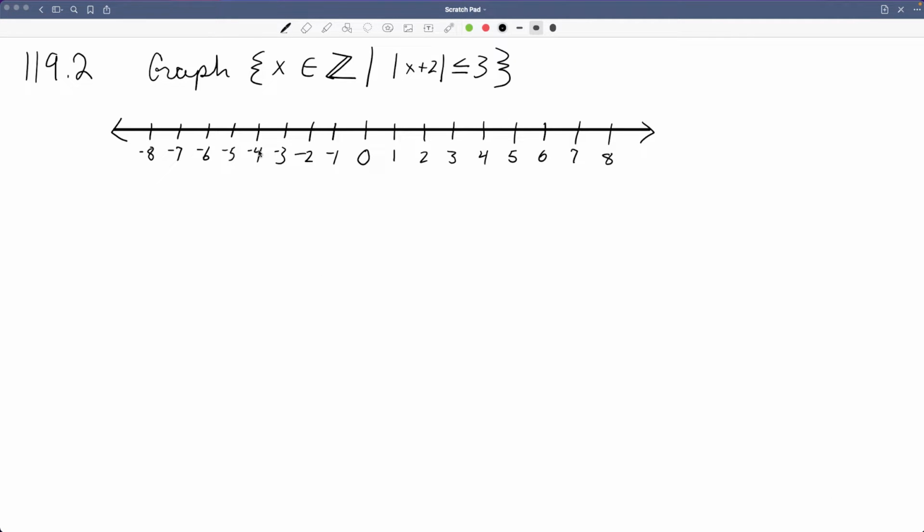So in problem 2, we are told to graph x as the set of numbers where x is a member of the integers, such that the absolute value of x plus 2 is less than or equal to a positive 3. Normally, this would have been written where we have x plus 2 in absolute value symbols is less than or equal to 3, and then we have the colon with the domain of integers.